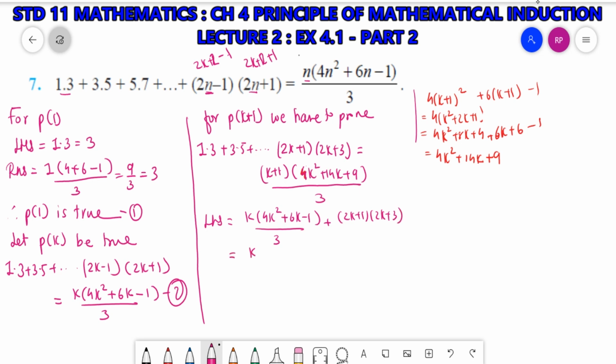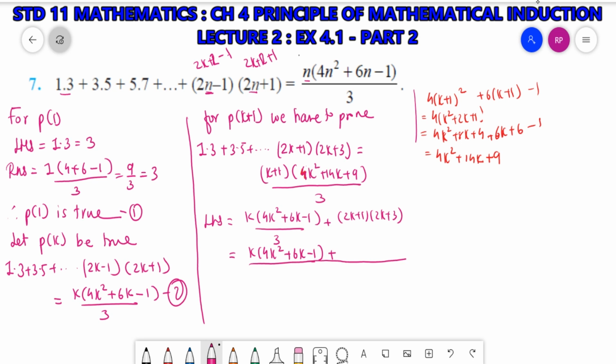So this will be equal to k into, let it be k common, 4k square plus 6k minus 1 upon 3.